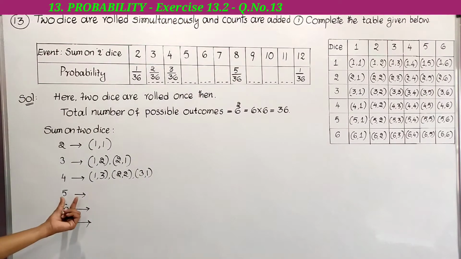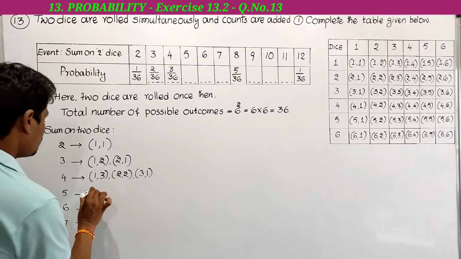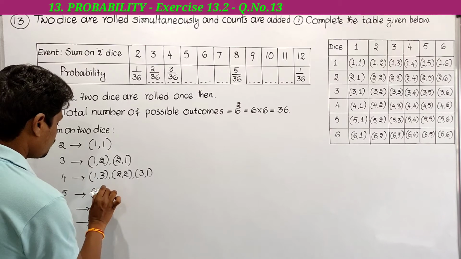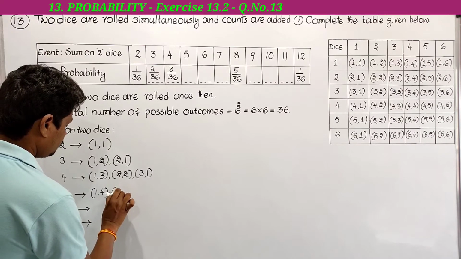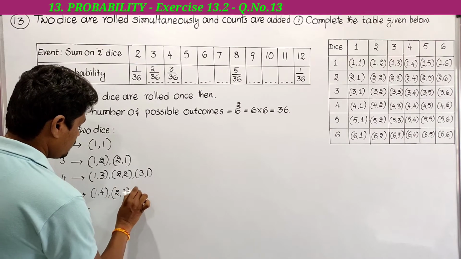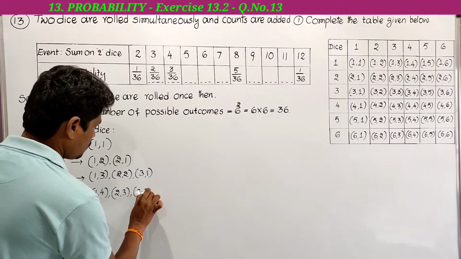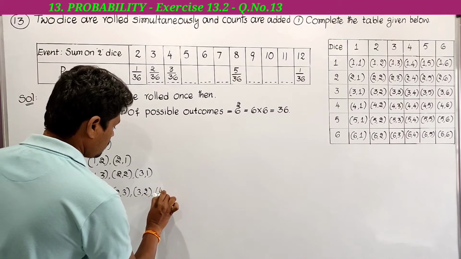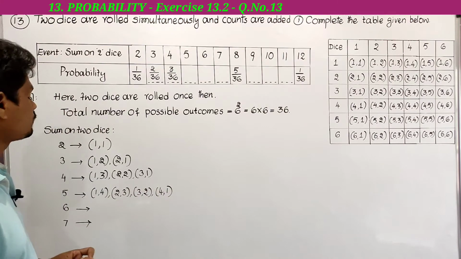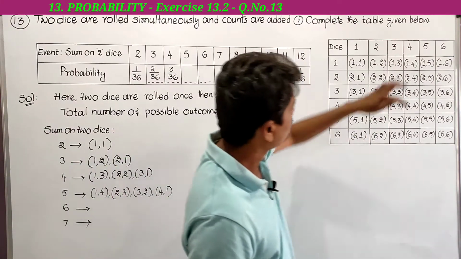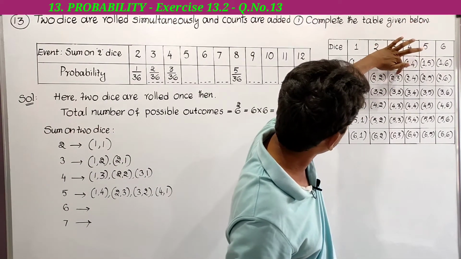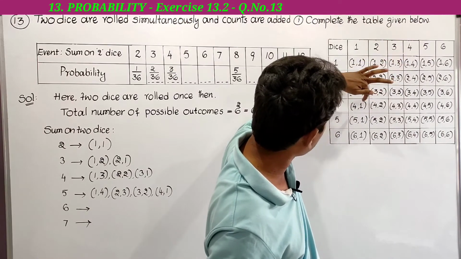In the same way, the sum on two dice is 5. So the favorable outcomes are 1,4, 2,3, 3,2, 4,1.